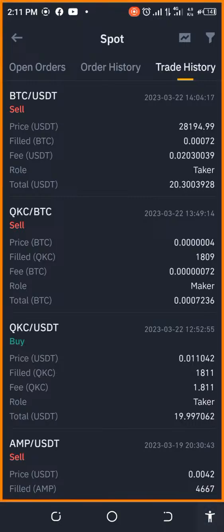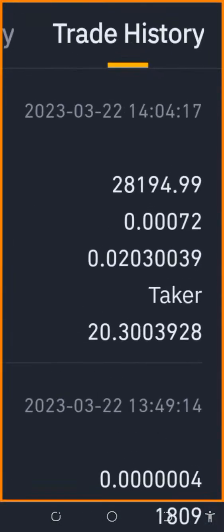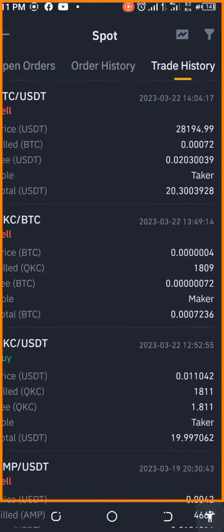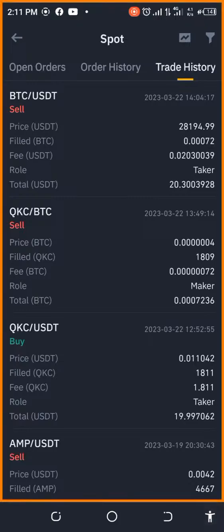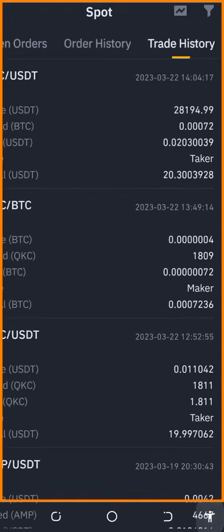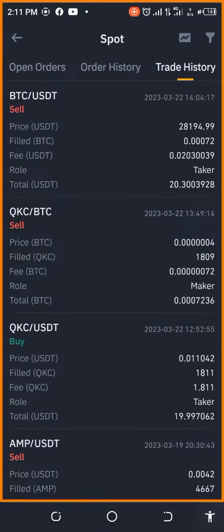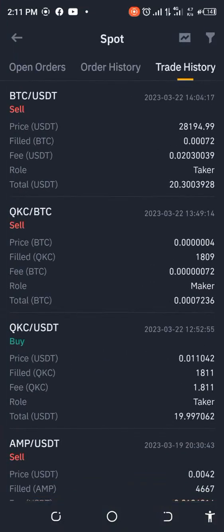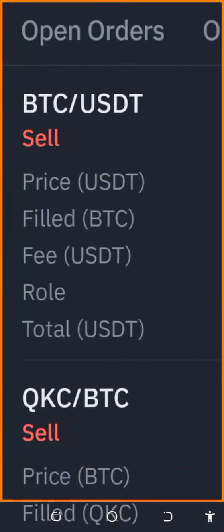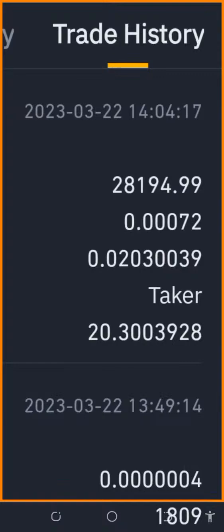Don't forget that they will take out fees. We had 20.30 here, but in the process we actually paid fees for QKC BTC. Did we? Yes, we did pay a fee, as you can see there, 0.000072. We also paid a USDT fee, about 2 cents.